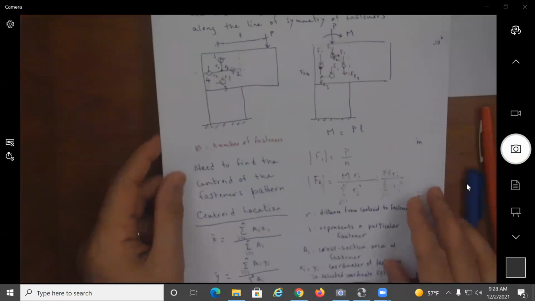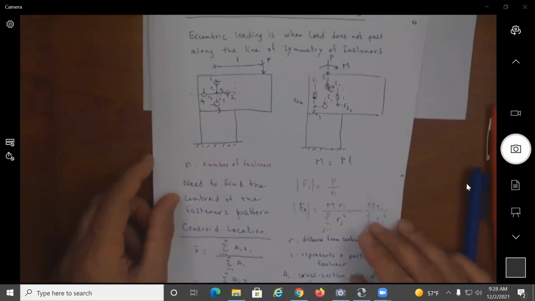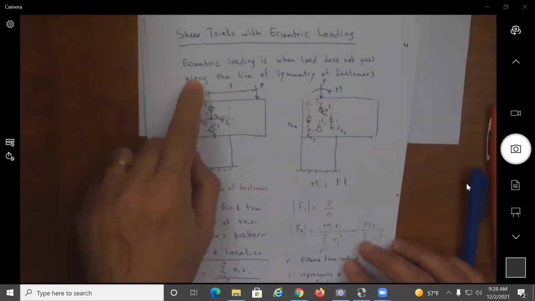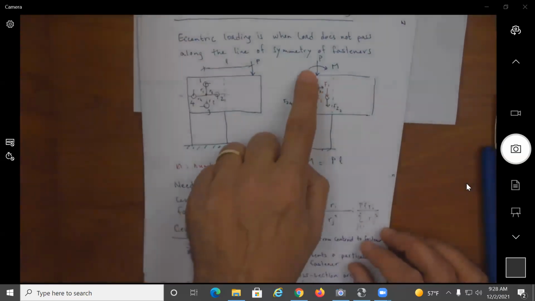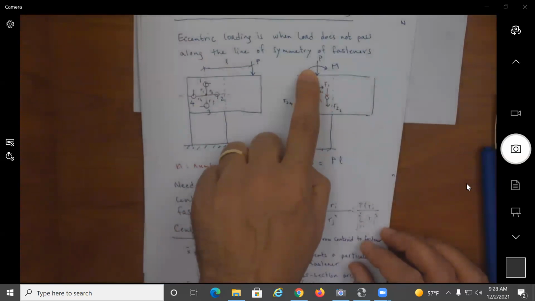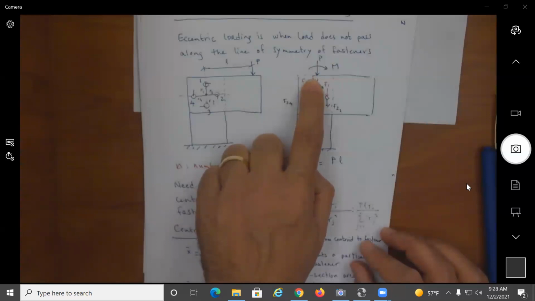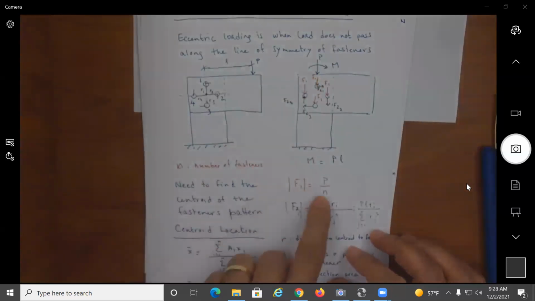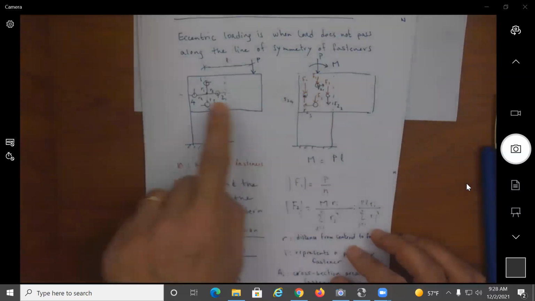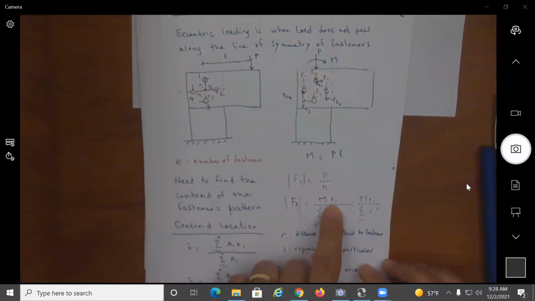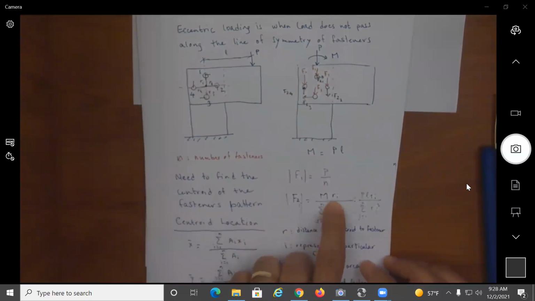Again, this is the summary of what we have done today. When we have a shear joint with an eccentric loading, we find the force that is going through the centroid and the moment. And the force is distributed evenly. The moment, each fastener is going to get a share depending on how far it is from the centroid. So it's a function of the radial distance.